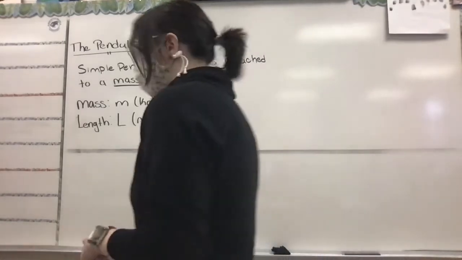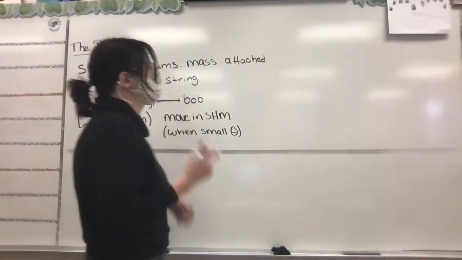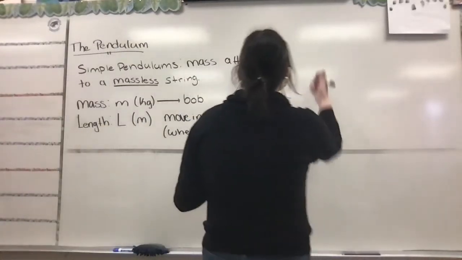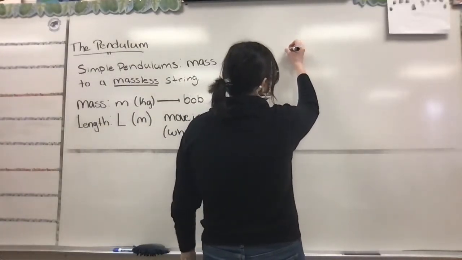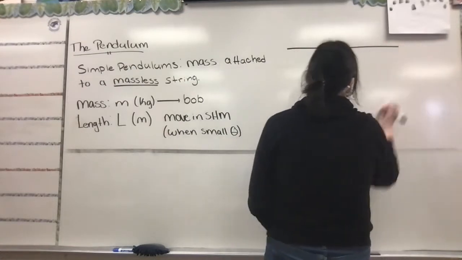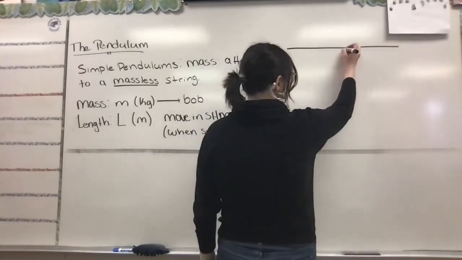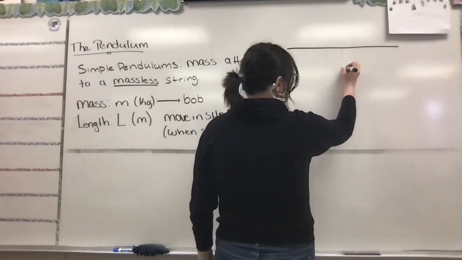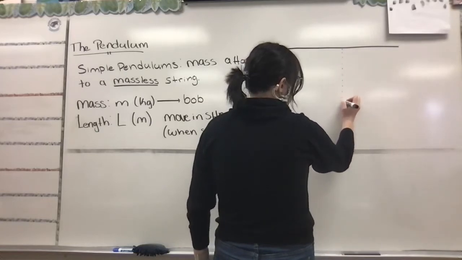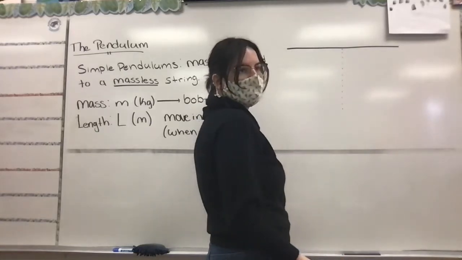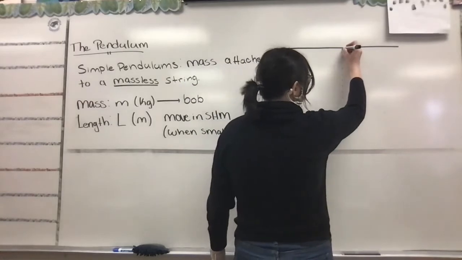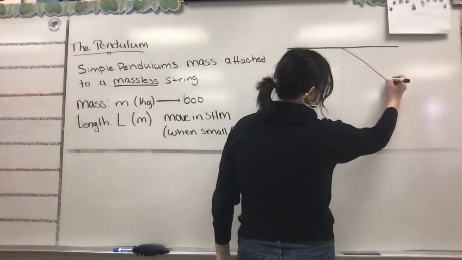So let's look at where this angle comes from and what it represents. We're going to draw a situation of a simple pendulum. Right down the middle, if it were dangling, it would be considered to be in equilibrium. But do pendulums always just stay in the middle?